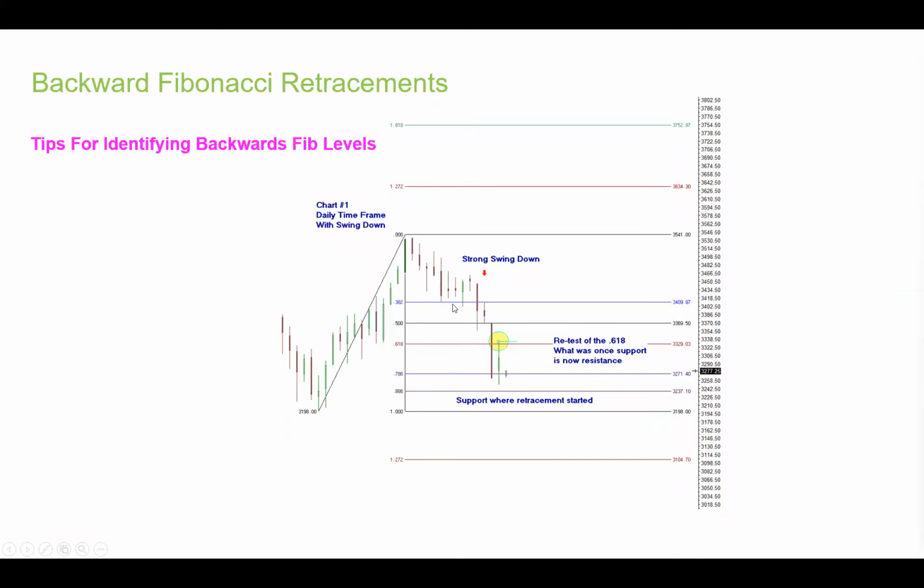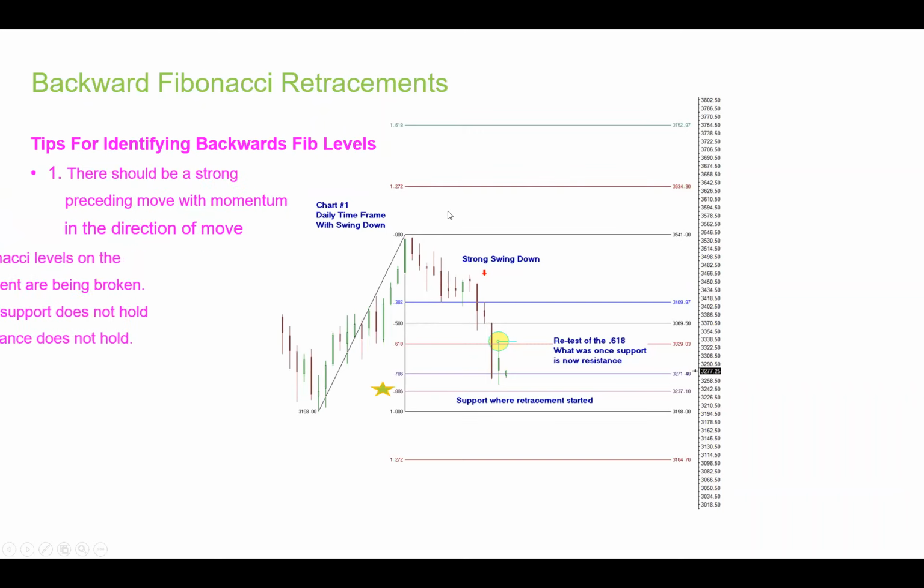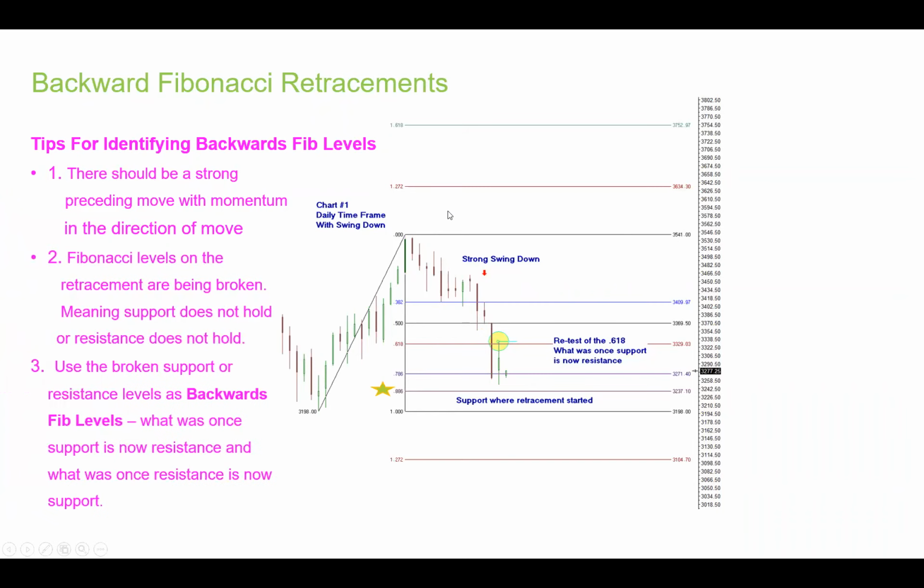So let's take a look at this chart and walk through it. What we want to see for identifying a backward fib level is a strong preceding move with some momentum in the direction. In this case, the direction is down.